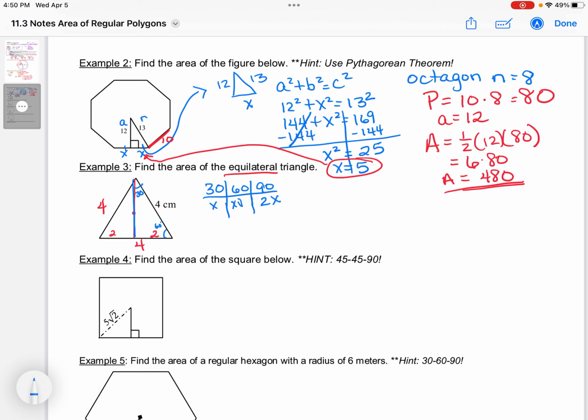Remember, we have x, 2x, and x square root 3. So if our 30-degree angle is across from the 2, that means across from our 90 is 4, which we already knew. And so across from our 60 is going to be 2 times the square root of 3.